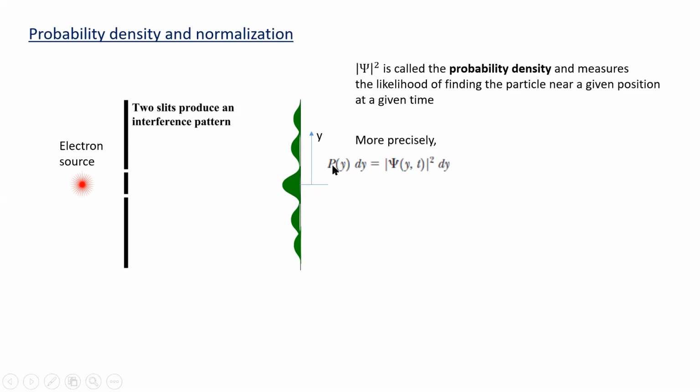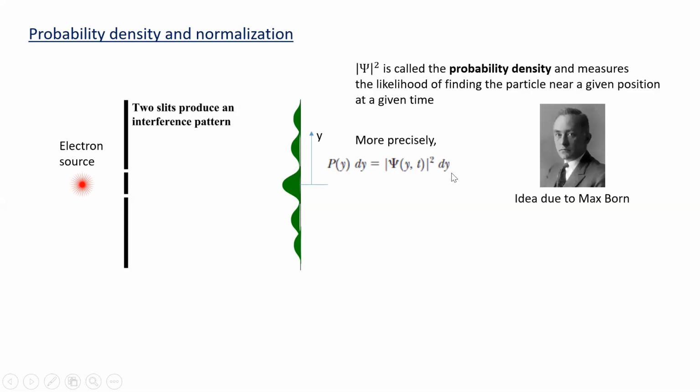It means to get a probability, you take the value of P at a given y and multiply by a small interval. That makes sense because the larger the interval of y that you choose, the more chance there is that a particle is going to fall into that interval. So it makes sense that we use the probability density, the probability per unit length, times the length dy to represent our total probability.